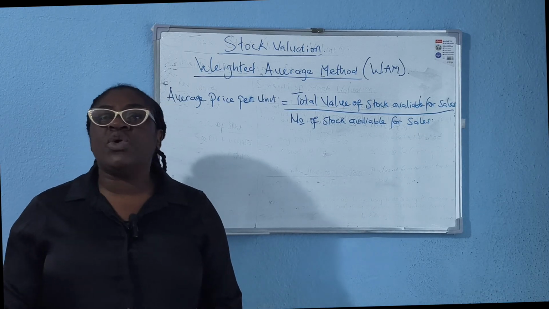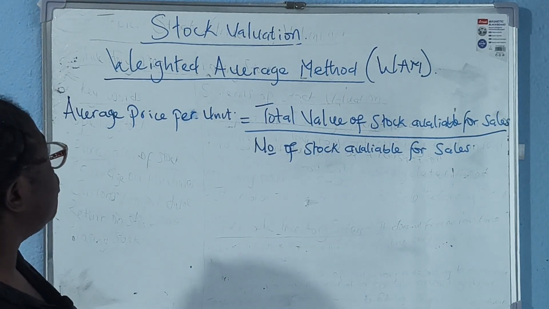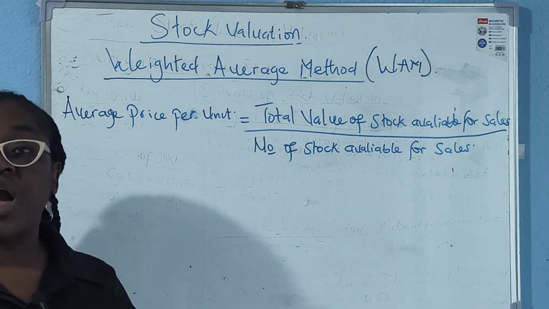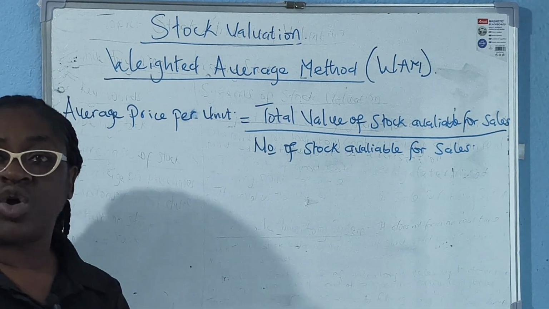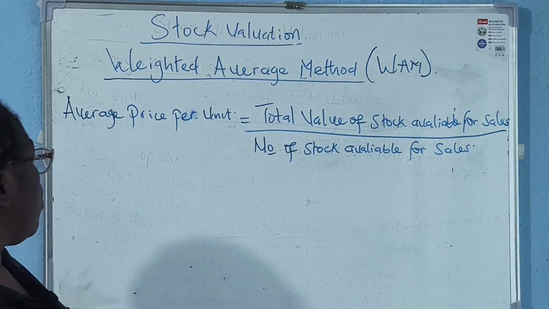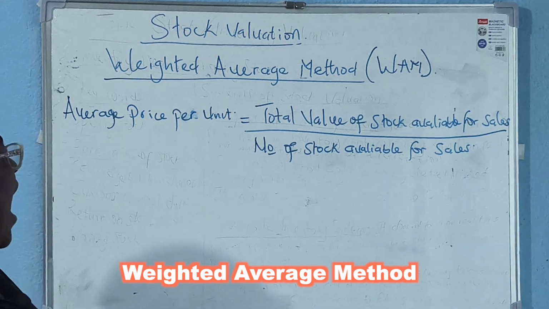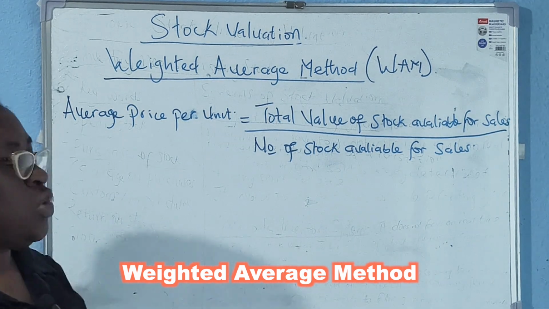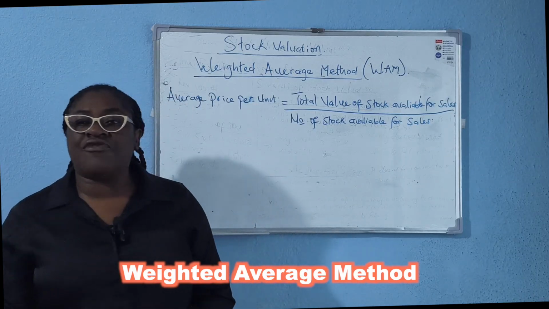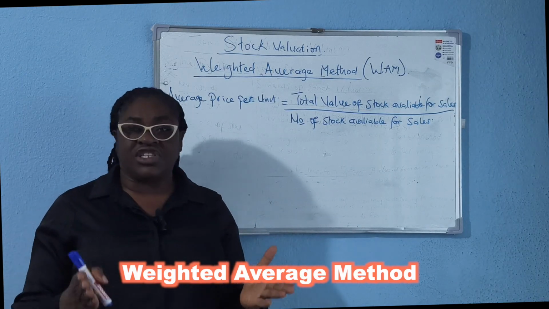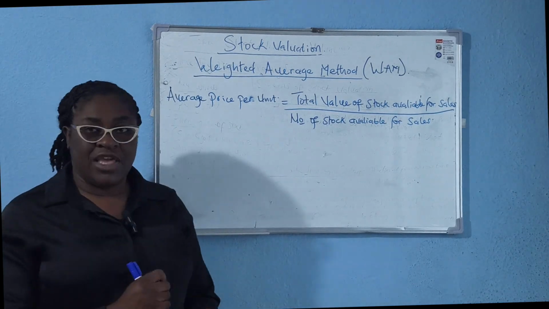Now, for today, we are looking at stock valuation, and we are considering the second method of calculating the closing stock as well as the cost of sales, using the weighted average method. Weighted average method, what we normally call WAM. When using the weighted average method, we need to first calculate the average price per unit.